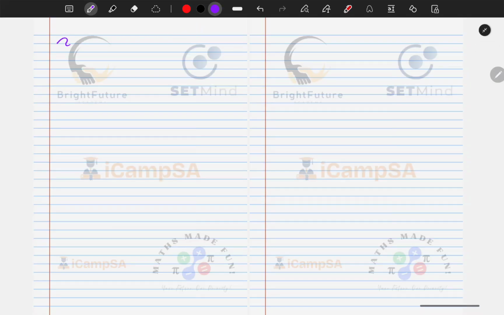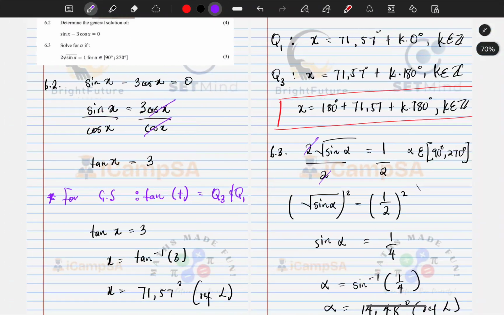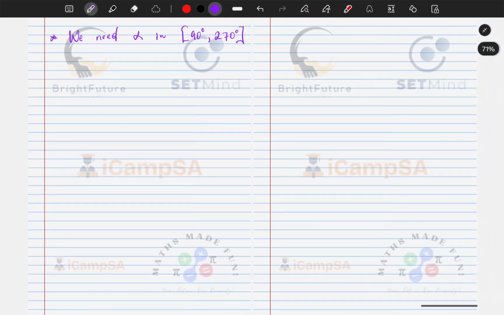So what we need to do here is find alpha within 90 degrees and 270 degrees. The way in which we're going to do that, remember we are talking about sine here, right? So we are going to look at sine. There's two possibilities.